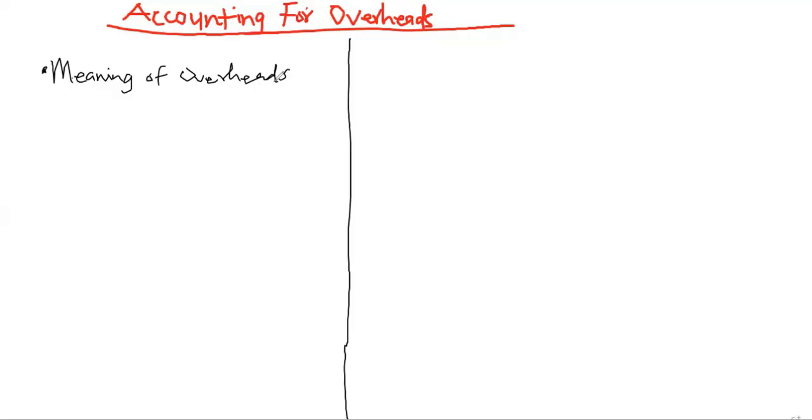Then we look at the types of overheads. Then we look at allocation of overheads.